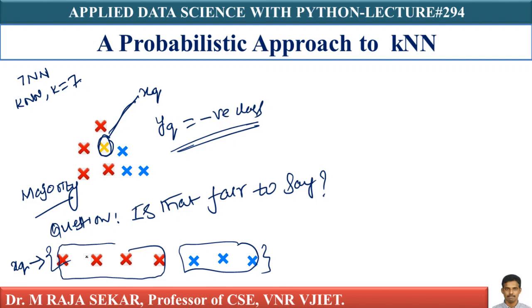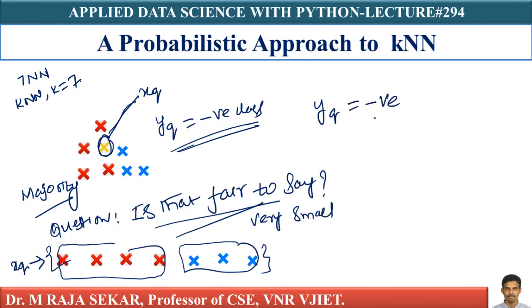The difference between both of them is very small, isn't it? 4 minus 3 is 1. Is it fair to say yq is the negative class, or the red class? That's our question.